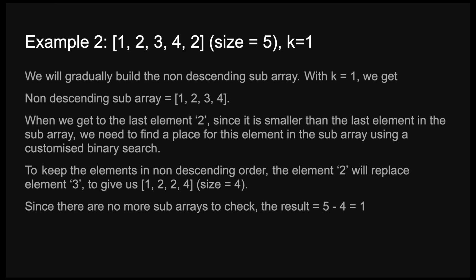And notice that the size of this subarray is 4. And then we can no longer add any more elements because we have looped through the entire array. Now, since there are no more subarrays to check, the final result will be the size of the main array, that is 5, minus the size of the subarray 4, and the result is 5 minus 4 and that is 1.